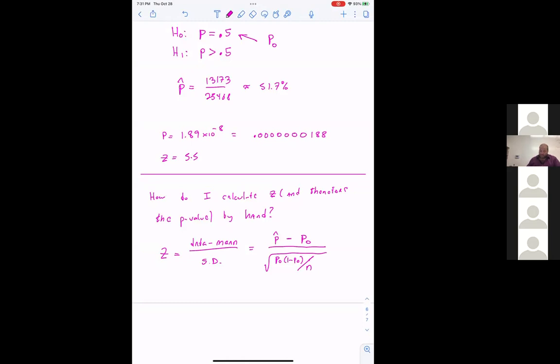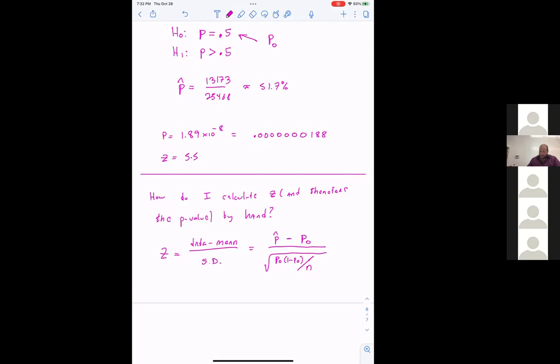What values did you use for p hat? 0.517. And for P0, 0.5, and then N. Why don't you do P0 as 50% too? 0.5 is 50%. And I didn't use 51.7 for p hat; I used 0.517. Yes, 51.7% is 0.517.